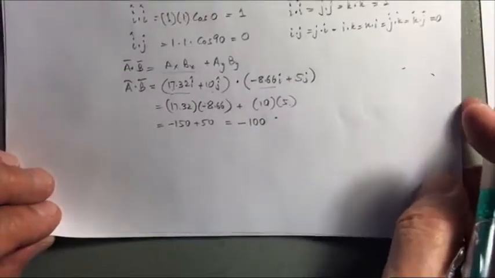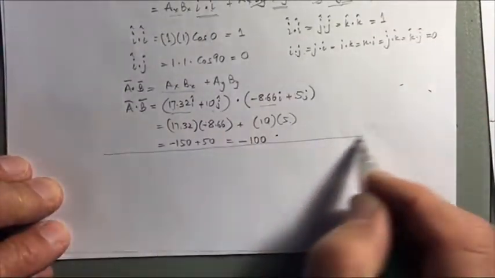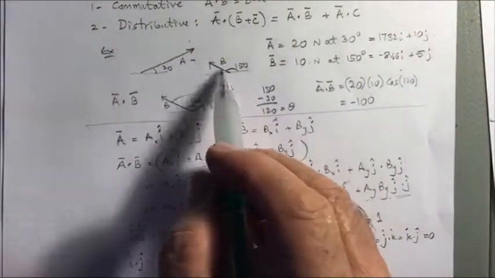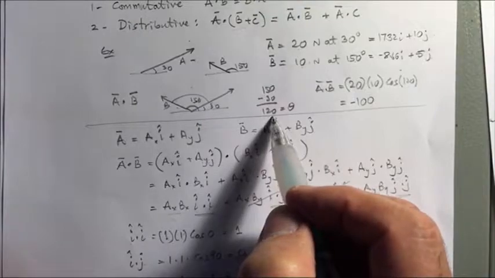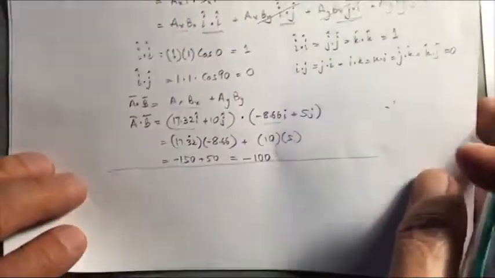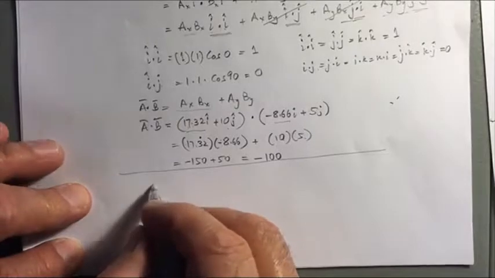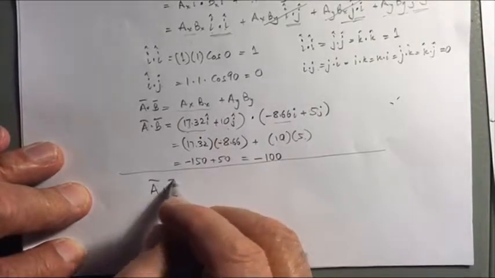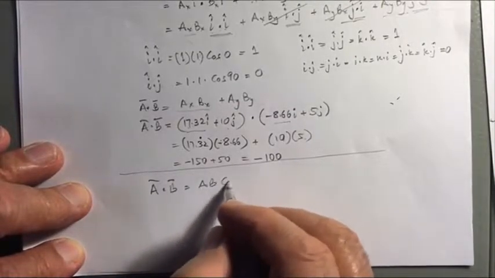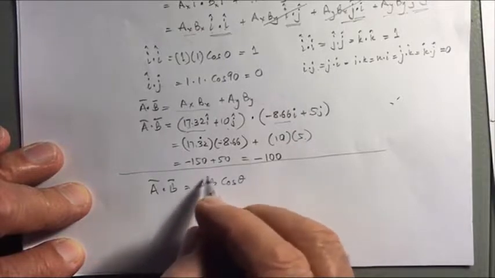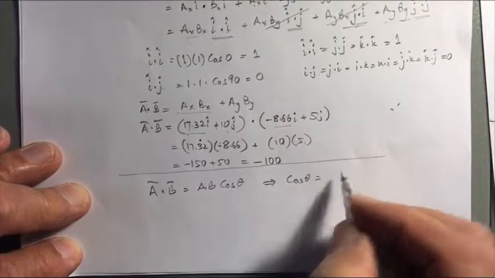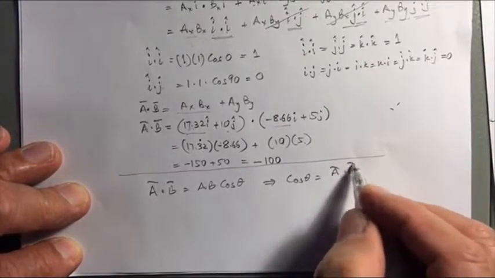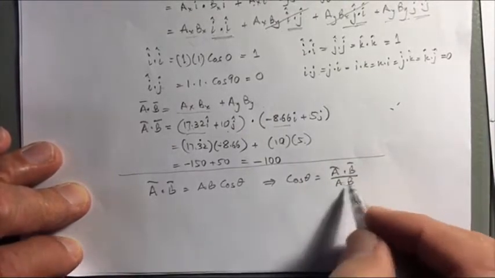Now, as the last thing here, if you have two vectors at these angles, and we want to find this angle which we found here, there's another way to do this by using the dot product. We would say that A dot B is AB cos theta. These are the magnitudes because they don't have these arrows over them, and therefore cosine theta would be A dot B over A times B, the magnitudes.